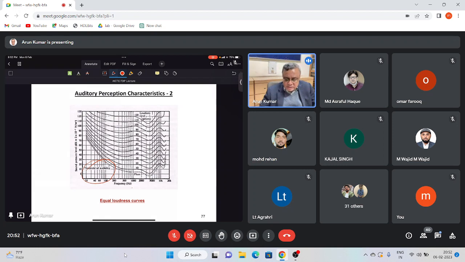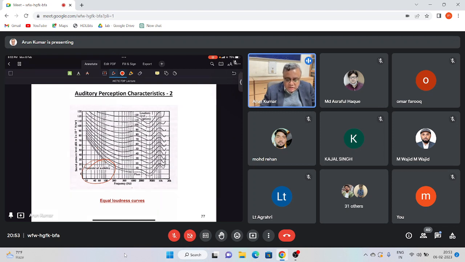Associated with this is the notion of equal loudness. These solid lines are lines of equal loudness, which means that a sound of a certain frequency on this line, that is for a given sound pressure level, will be equally loud as another frequency with a different sound pressure level on that line. Let us take one example.